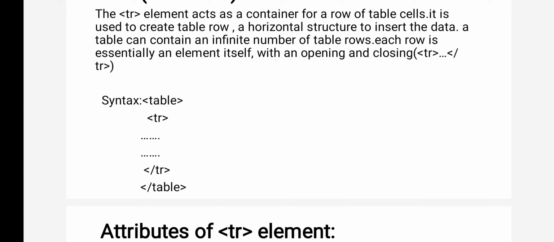Inside the table tag only you should give the TR tag, because table is a root element. Table row is a child element of your table tag. So if you want to create table rows, where should we create them? Inside the table only. That is why the TR tag should be part of the table tag. And these rows contain a number of cells.